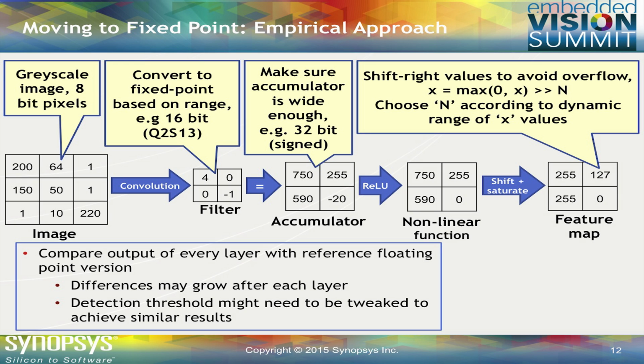Then obviously your accumulator needs to be wide enough. That's nothing new. And maybe the part that is slightly more challenging is, since now all the neural network graphs that train well are using the rectifier instead of a sigmoid or a hyperbolic tangent, you don't have at each layer a firm guarantee of what your max value will be, because the rectifier is just a max between 0 and x.